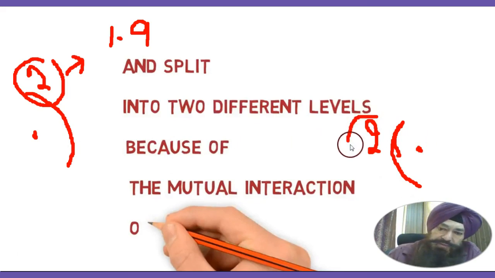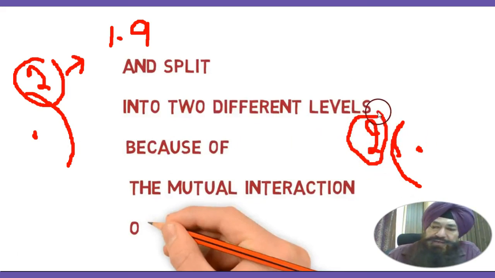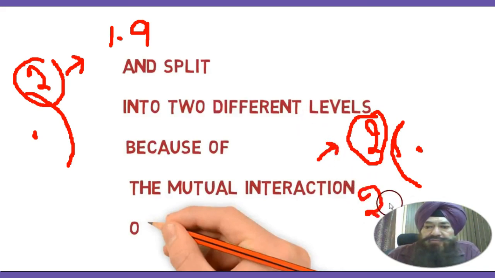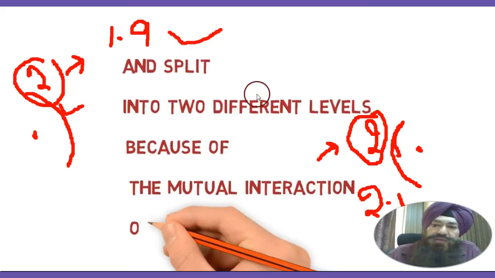And the energy of the other level will change from 2 to 2.1. So instead of having 1 energy of 2 units, we now have 2 different energies, 1.9 and 2.1. How does this happen?